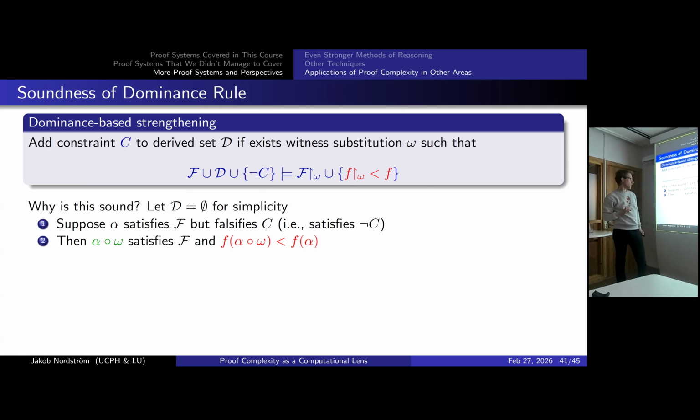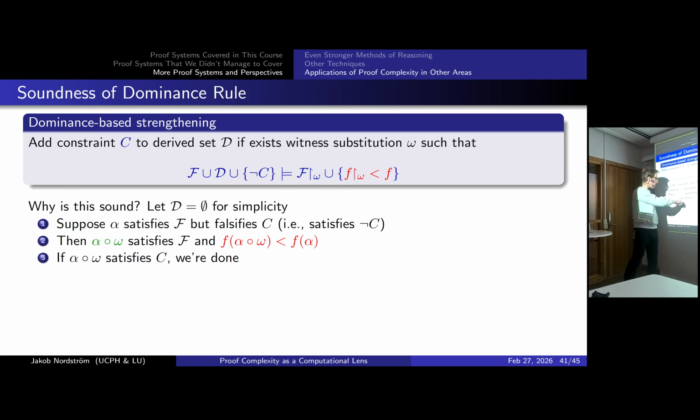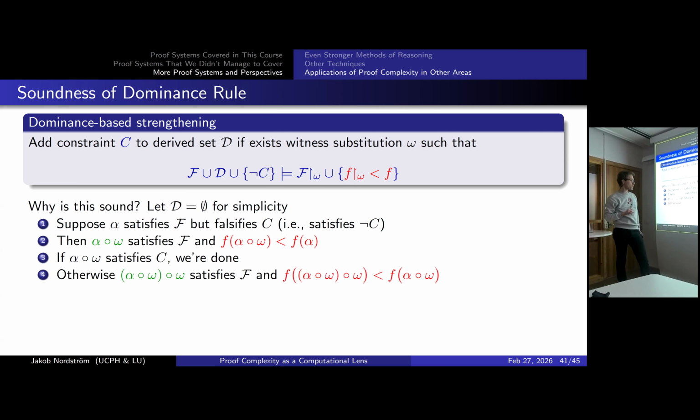Yes? Okay, so now we're in one of two cases. Either it satisfies C and then we're happy. Otherwise, we're in this setting again. We have alpha composed with omega satisfies F but violates C. So I apply my rule again and I see that alpha composed with omega twice satisfies F and gives me a smaller objective.